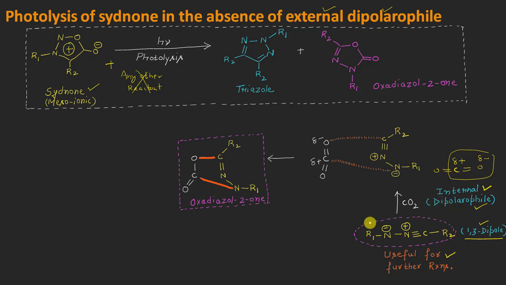So once again I am just redrawing this 1,3 dipole in this way, and you can see here the carbon dioxide molecule is present in this way with a partial positive charge on this carbon, such that it will now be interacting with the negative end of the dipole, and this oxygen atom, because it has a partial negative charge, will be interacting with the positive end of the dipole in this way, right?